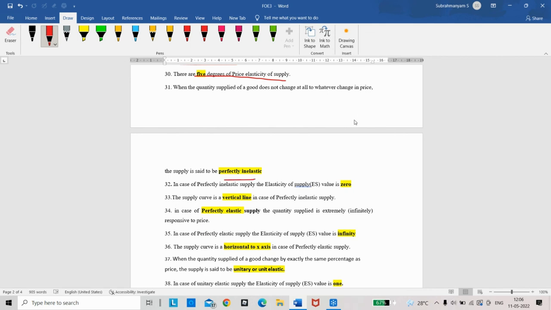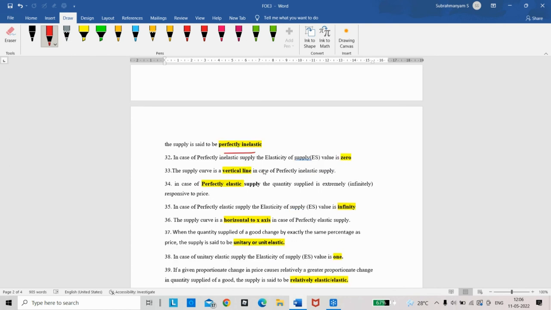Whatever change in the price level, that may be 0% or 100%, quantity supplied does not change. There is no change in the quantity supplied. Quantity supplied remains constant. That is known as perfectly inelastic supply.